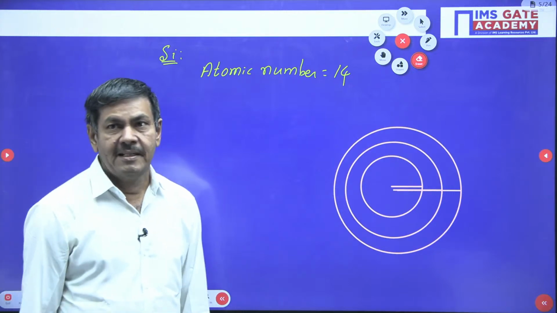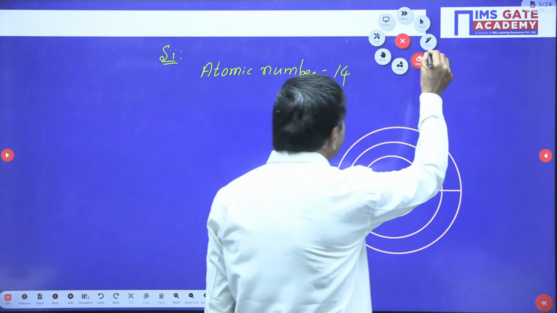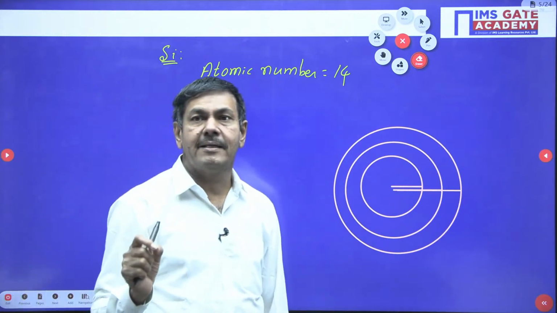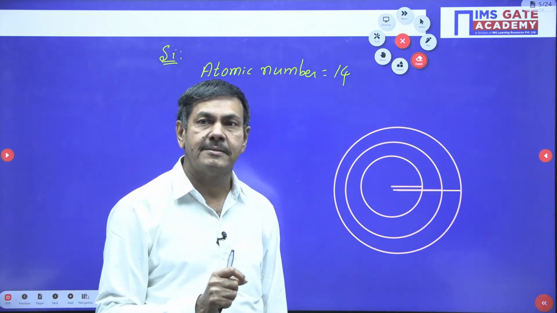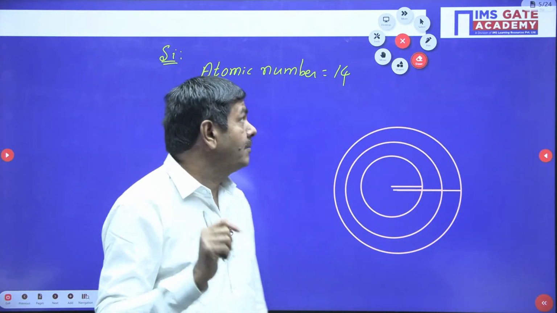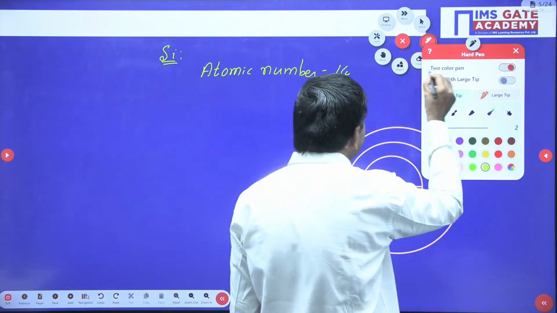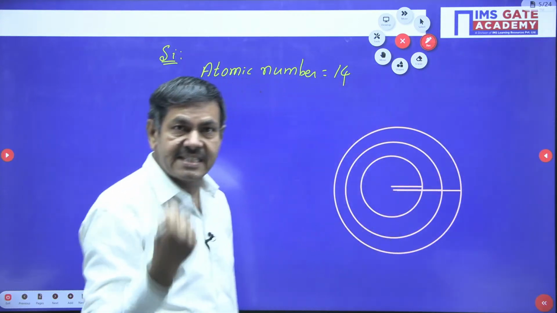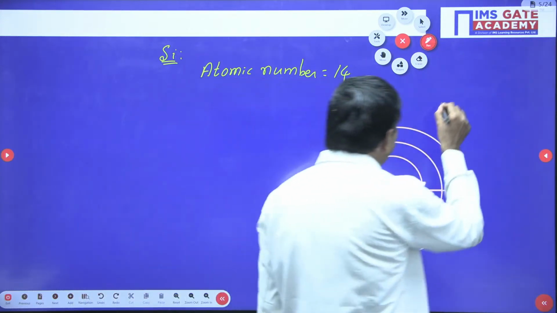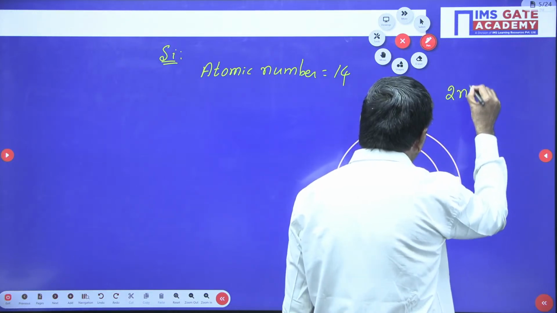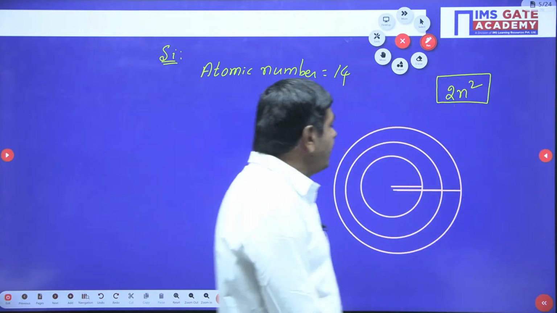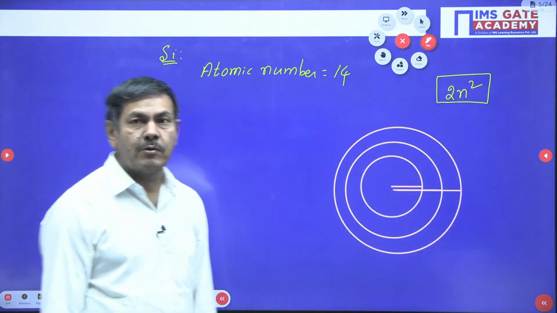The point I wish to say is that the number of electrons occupied by any orbit is calculated by one formula, 2n squared, as you know very well. The number of electrons in any orbit is determined by 2n squared, where n equals 1 for the first orbit, n equals 2 for the second orbit, and n equals 3 for the third orbit.